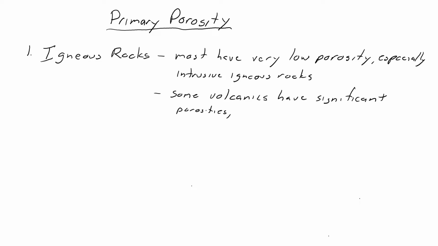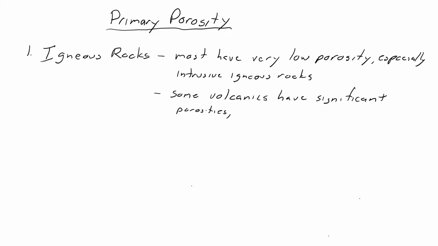But even for rocks like pumice, where you can get up to 70 to 80% porosity, a lot of these gas bubbles are not interconnected. So when these rocks are in the ground and a fluid like water is trying to flow through it, they're just not permeable, even though they are porous. The pores are not connected.